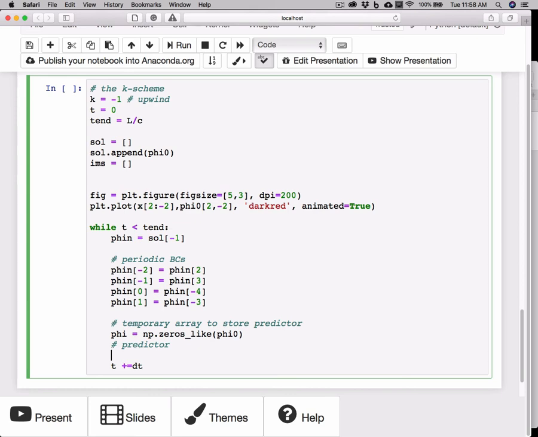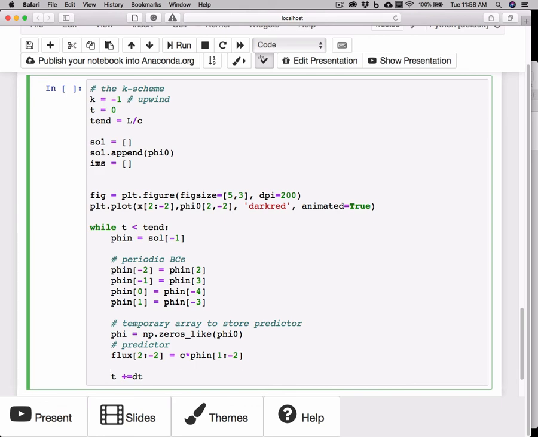That's how we fill in the flux. So it's really saying flux from 2 to -2 is C times phi n, right? That's the predictor case, going from 1 to -2. Okay? That gives us the flux.